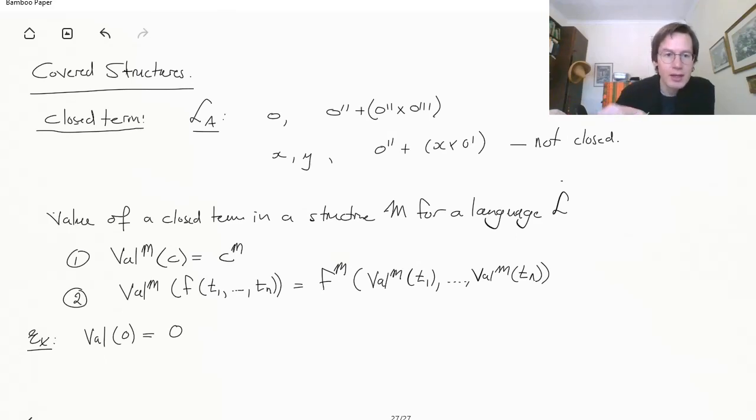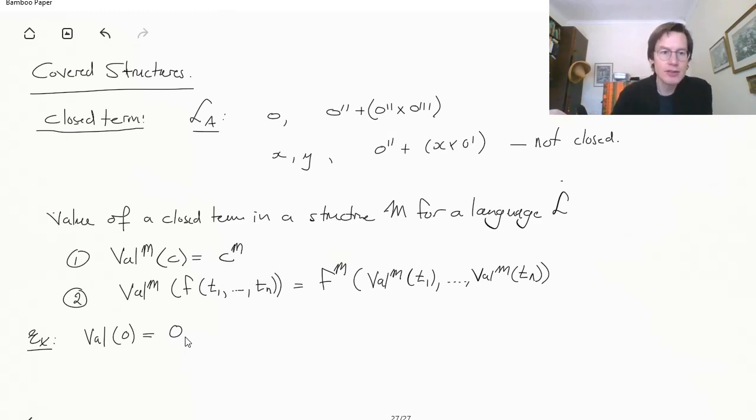And I'm trying to make this look like a slightly flatter 0 than this 0 to make the distinction between the symbol in the language and the actual number in the domain.